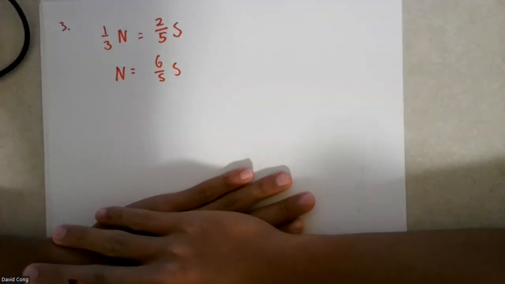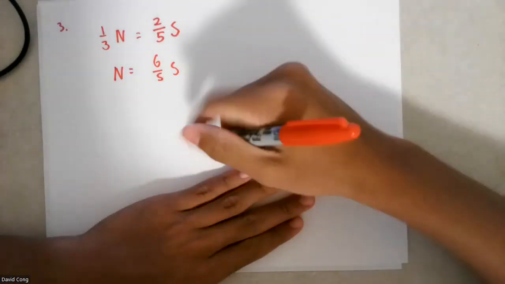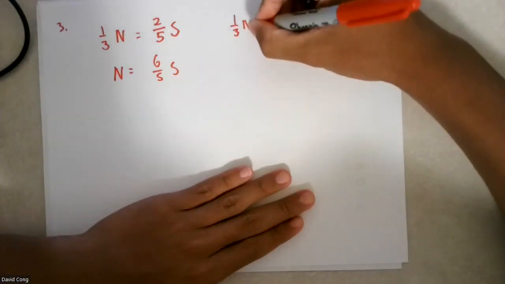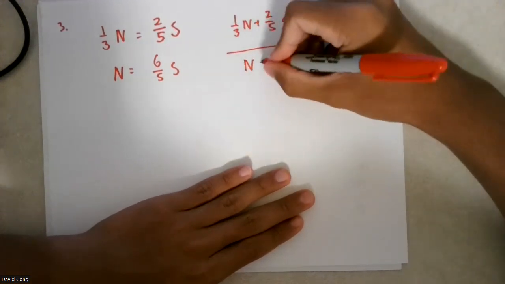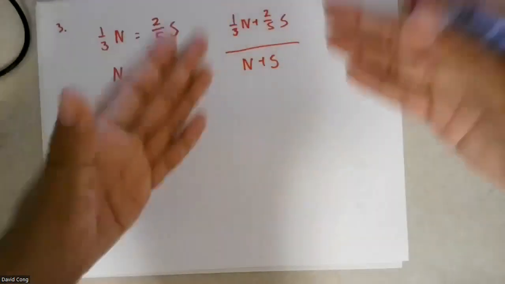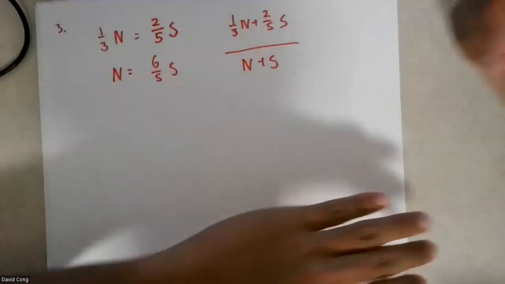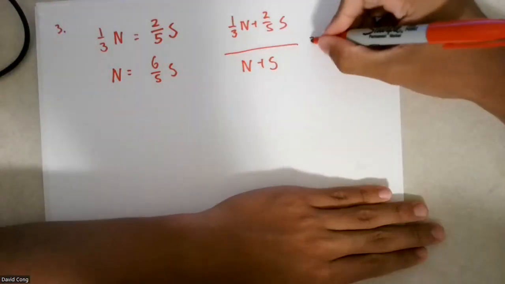So the fraction of ninth graders plus sixth graders that have a buddy is what they're asking. It's this number over the total number, which is the ninth graders plus sixth graders, because the fraction of something is just part over whole. But what do we know? N equals 6/5 S. What does this tell us?